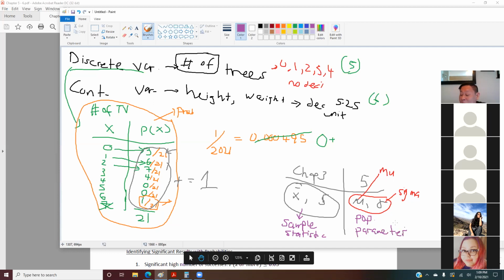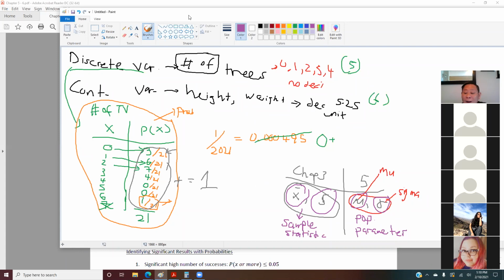So that means that if you talk about mean, we got 2 types of mean: sample mean and population mean. Standard deviation, we got sample standard deviation and population standard deviation. They are 2 different things because sample comes from the sample, population comes from population. So that's why the symbol we use also has to be different. So that's why we use x bar and s in chapter 3, mu and sigma in chapter 5.